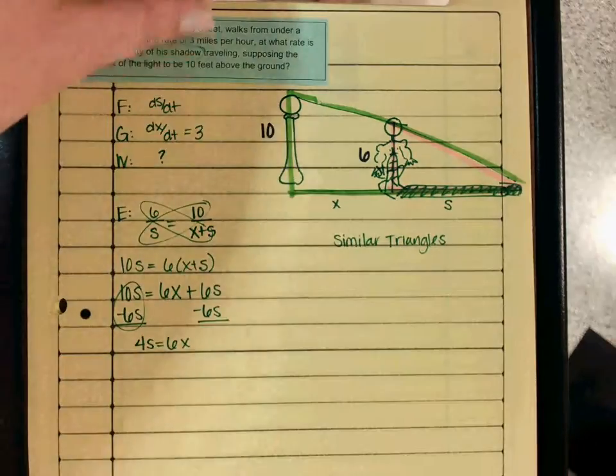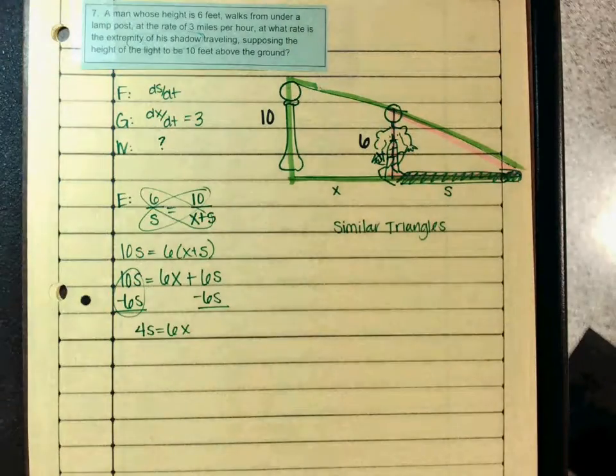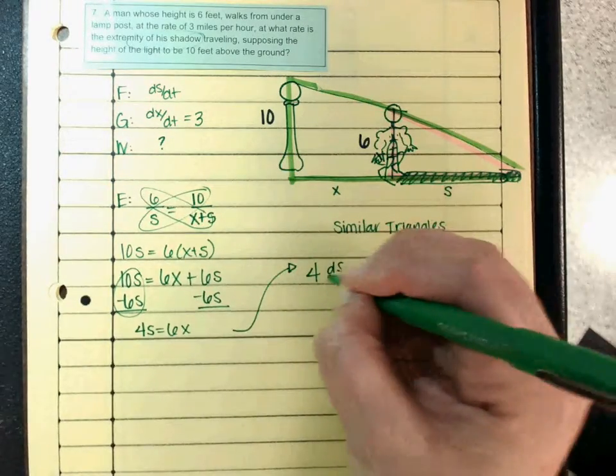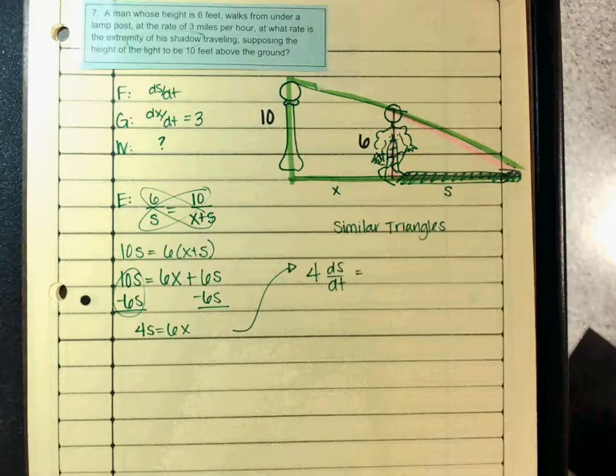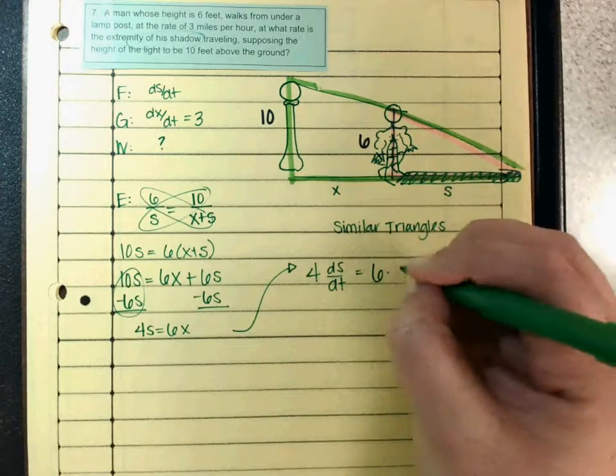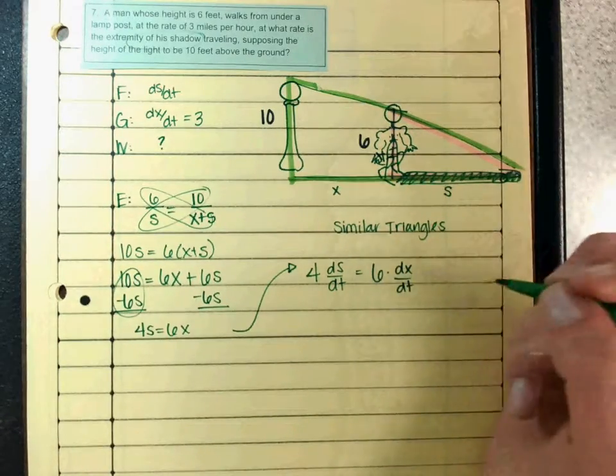Now, when I take the derivative, I'm taking the derivative with respect to time. So what's the derivative of 4S going to be? 4 ds/dt, yeah? Because you have to keep the 4 in the front because that's the derivative. And then the derivative of 6X would be what? Good. And then from there, what are we plugging in?